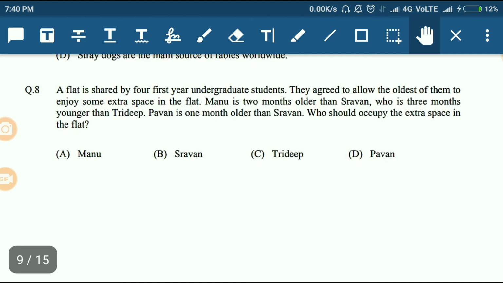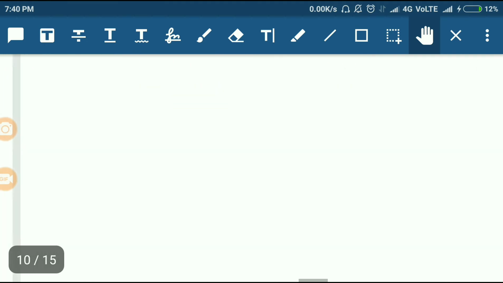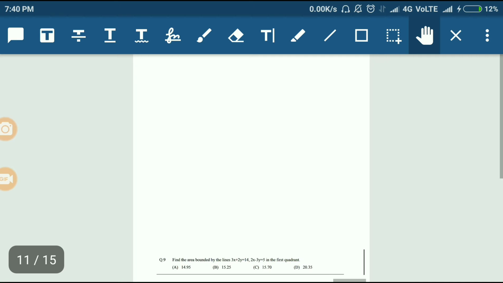It is T, that is Trideep. In this way we can easily solve such types of questions in minimum time.